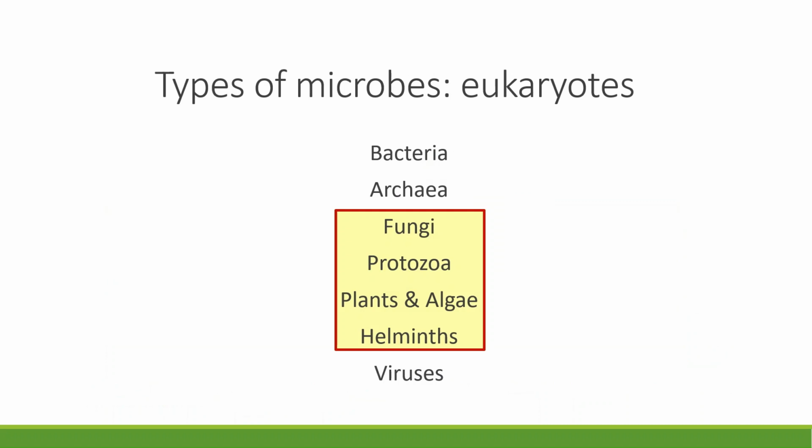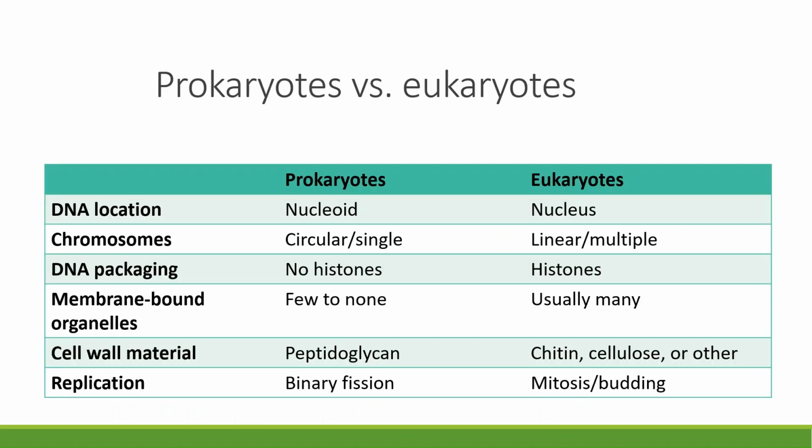Okay, so far we have mainly focused on bacteria more than archaea, as they are more numerous and cause disease. Let's now shift our focus to the eukaryotes, highlighted above here in yellow, which includes fungi, protozoa, algae, and helminths. In addition to our table here, you should also be aware that eukaryotic microbes are larger and more complex than prokaryotic microbes.